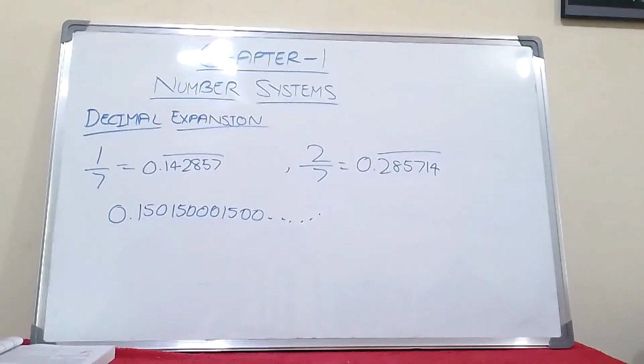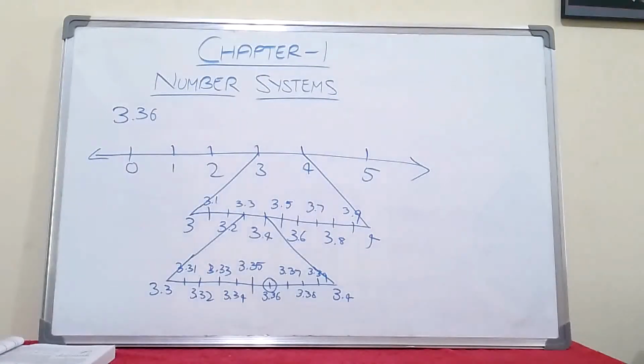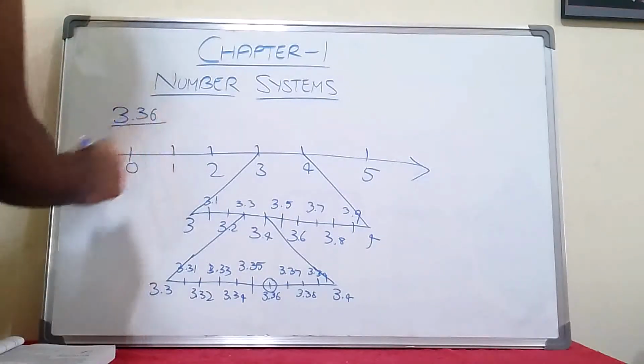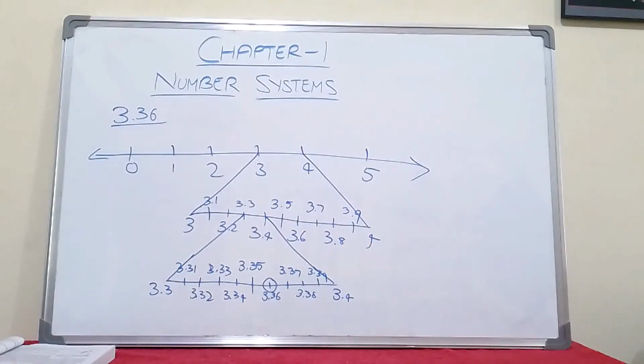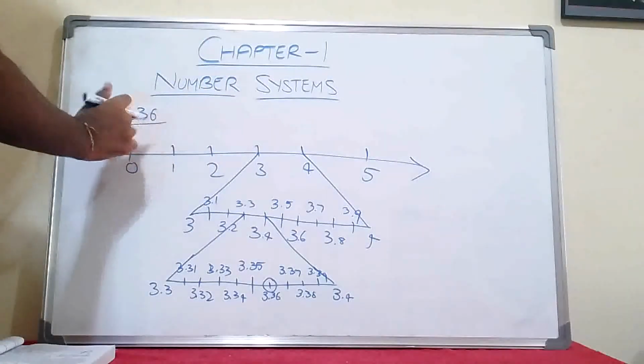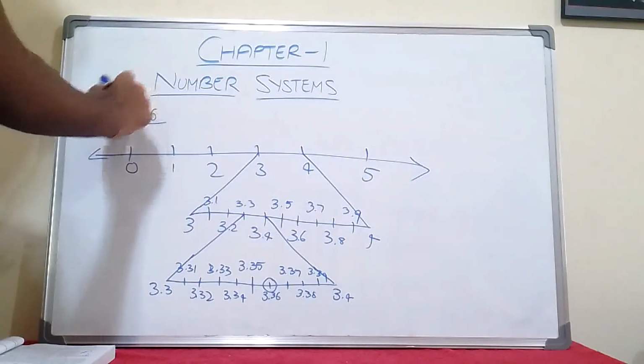Here you can see that the question asked is, we have to locate 3.36 on the number line. So here 3.36 is a real number, and we are learning how to locate a real number on a number line. First we see this value, 3.36.